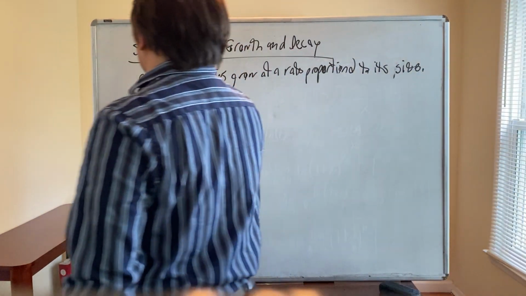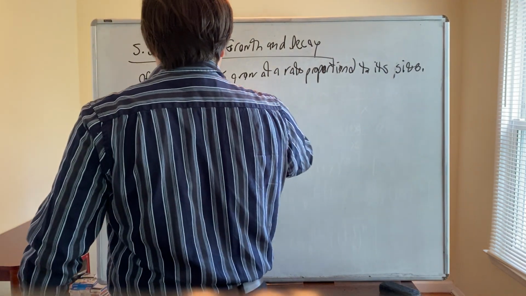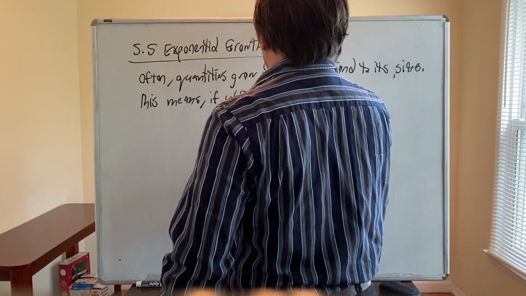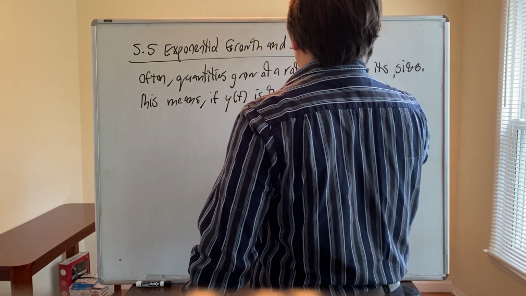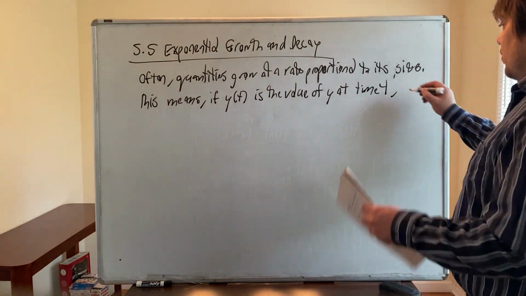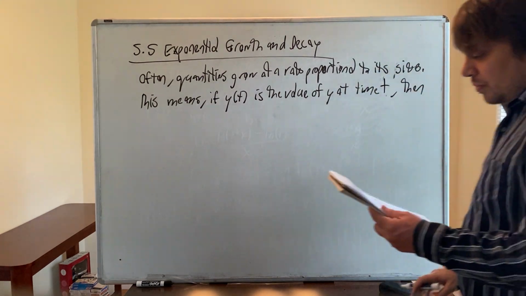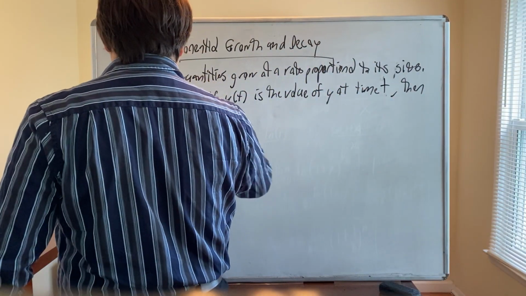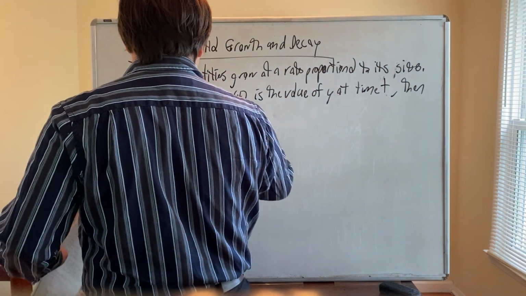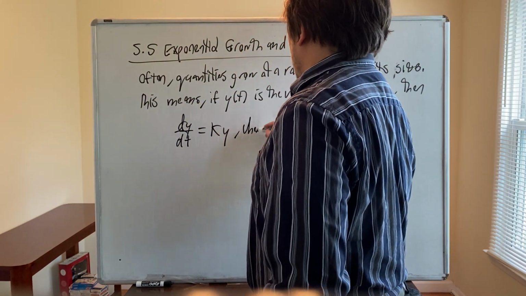This means if y of t is the value of quantity y at time t, then dy/dt is equal to ky, where k is a constant.